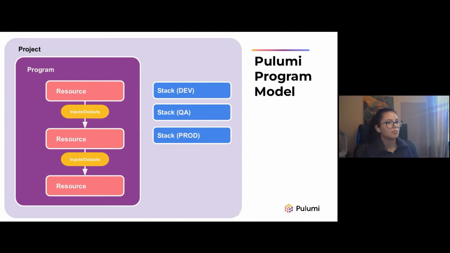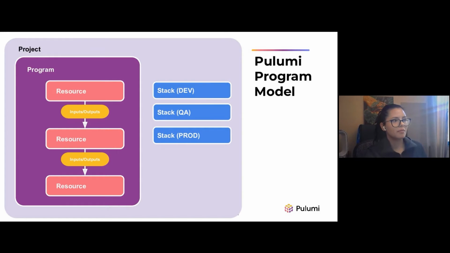And the Pulumi program model is as follows. You have, at a higher level, a project. You could think of a project as a directory in your source control. And within that directory, you are going to have a Pulumi YAML file. The presence of this file is what denotes that this directory is a Pulumi program.